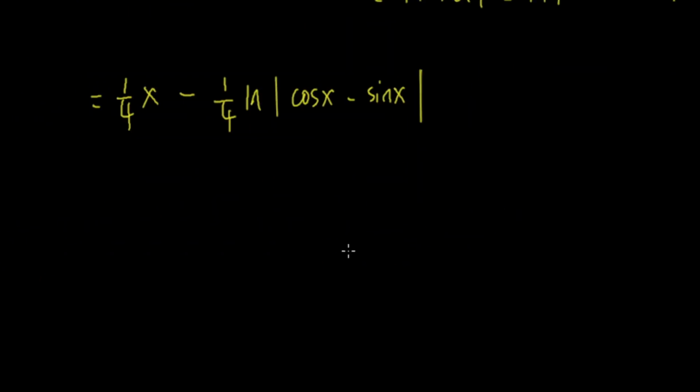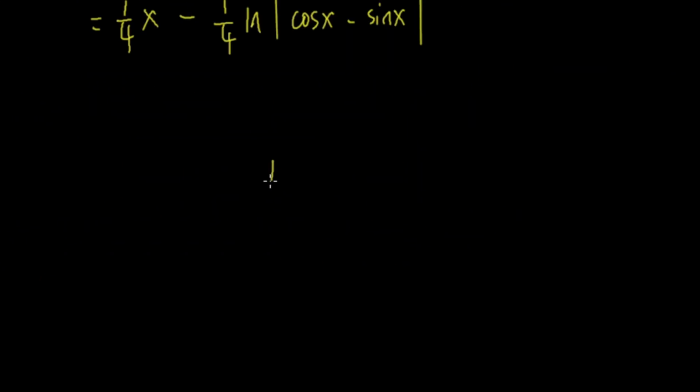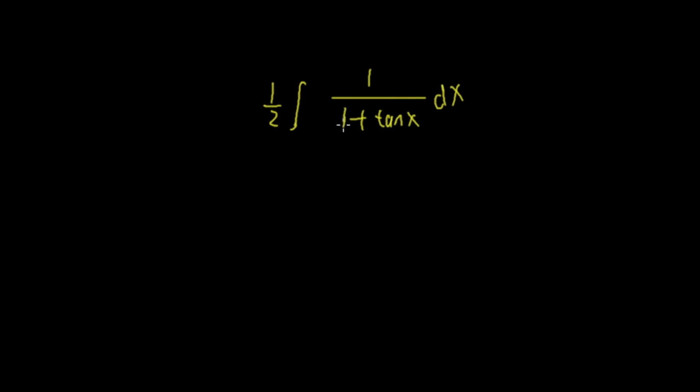Okay, let's do here. 1/2 integral of 1 over 1 plus tangent x dx. Now, same thing here, let's rewrite this using a trigonometry identity. That's equal to 1/2 integral of 1 over 1 plus sine x over cosine x dx.